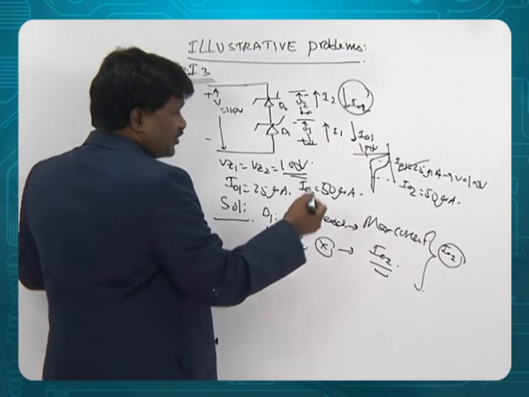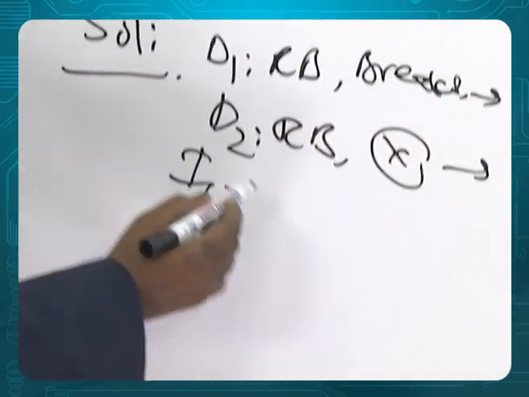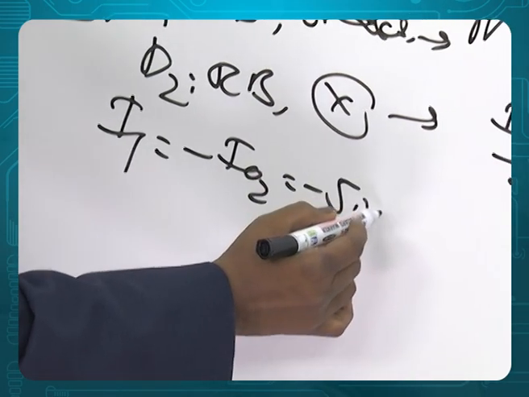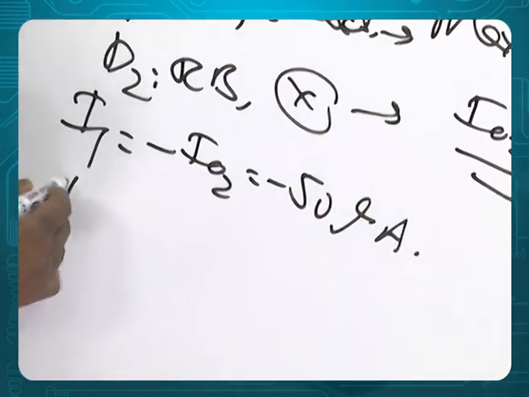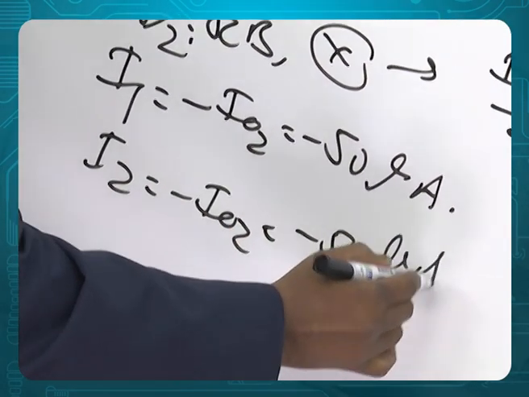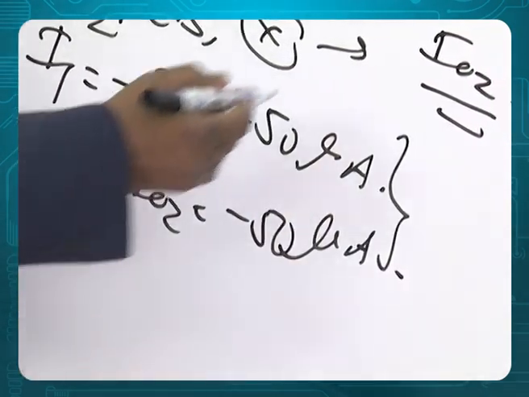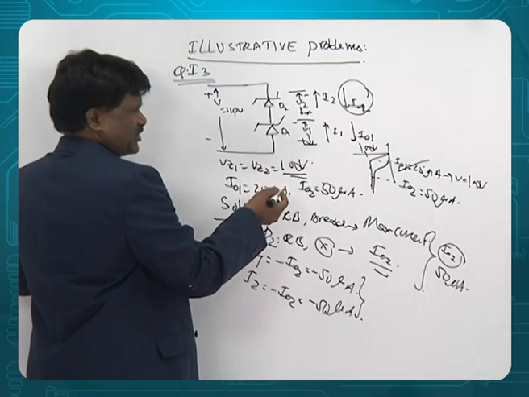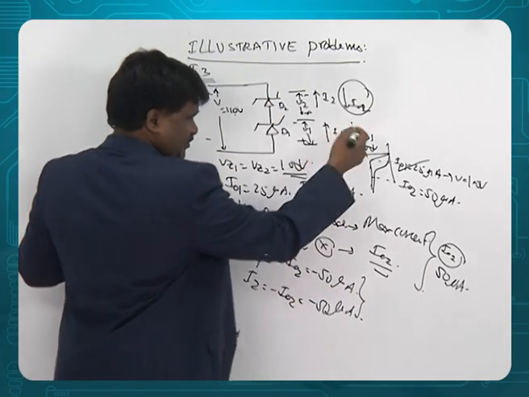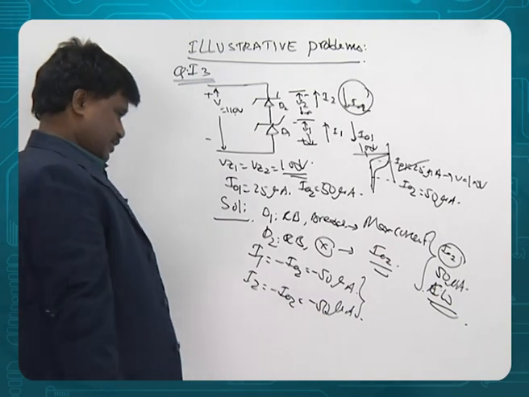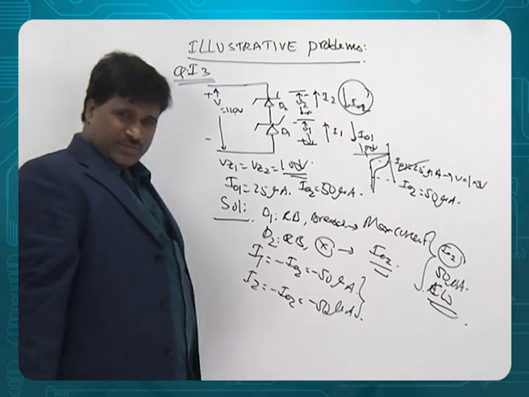So, if I have to tell the currents now, I1 is equal to minus I02, that is minus 50. I2 is also minus I02, minus 50. Therefore, the circuit currents are 50 micro, but which direction? Same, we are going in the same direction, clockwise direction. Now, currents I have achieved.